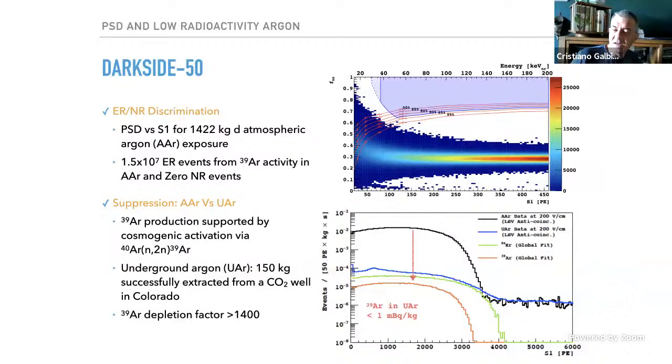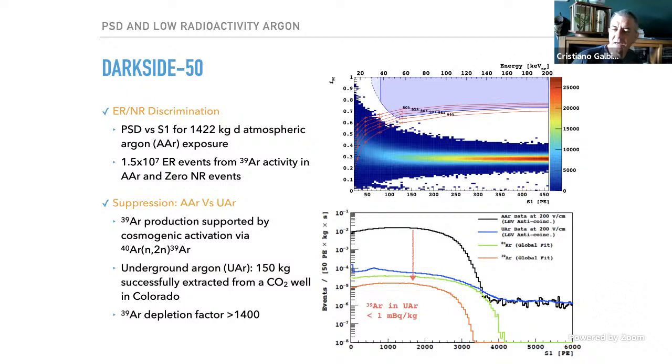The lines labeled 50, 65, 80, 90, 95, and 99% are the acceptance regions for nuclear recoils. You see that one can push the acceptance down to the level of 95, 99%, and still you're very far from the background.